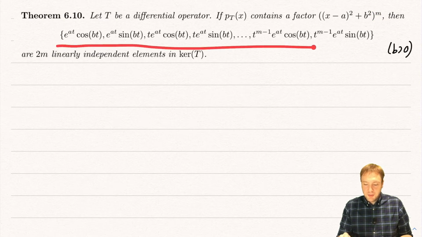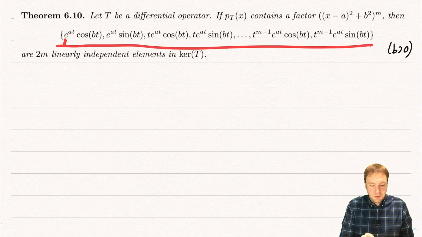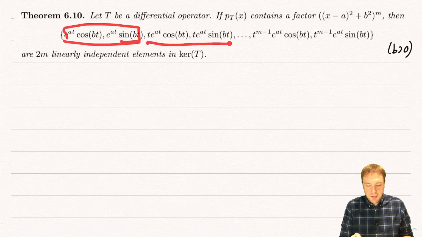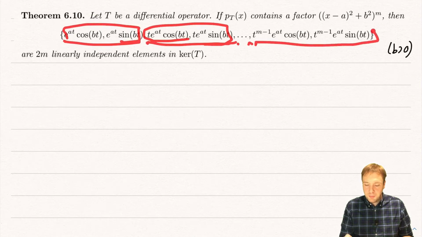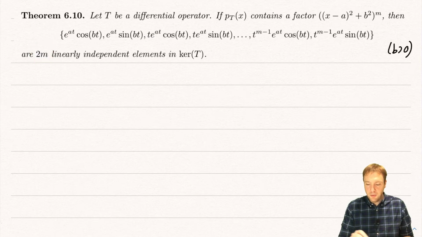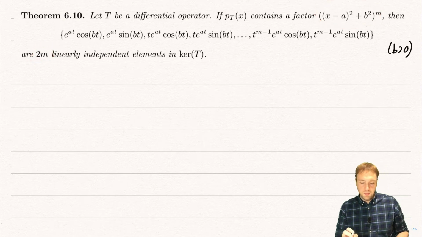Then these functions here, e^(at) cosine bt and e^(at) times sine bt, so these are 2 functions, and then I can multiply both of these with t, up to t^(m minus 1), and therefore in total I have 2m linearly independent elements in the kernel of T. And this number of elements corresponds to the degree of this polynomial.